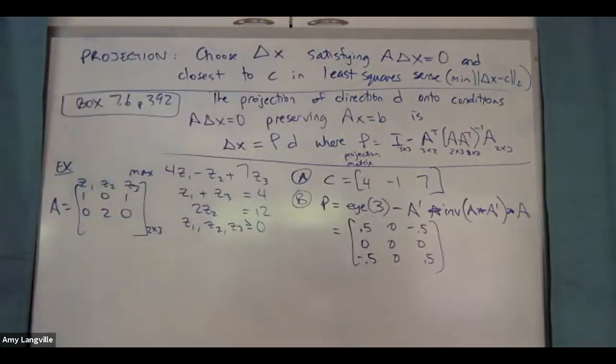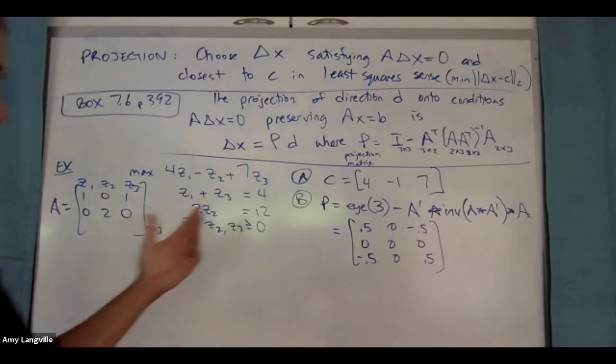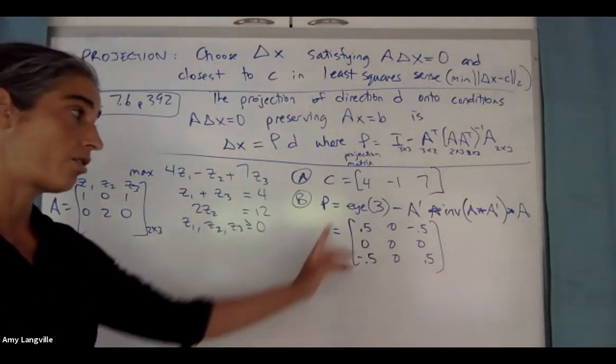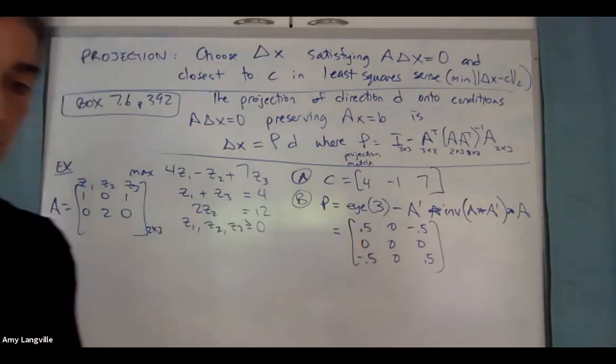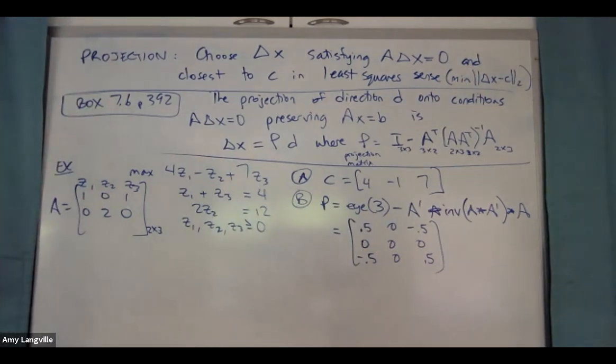This one's not too bad to do by hand, but some of them get slightly bigger, and it does help to use a TI calculator to do these matrix multiplications, or MATLAB, very easy.